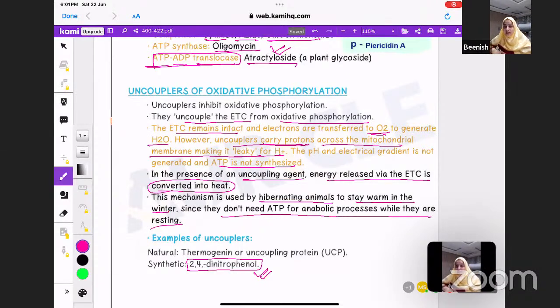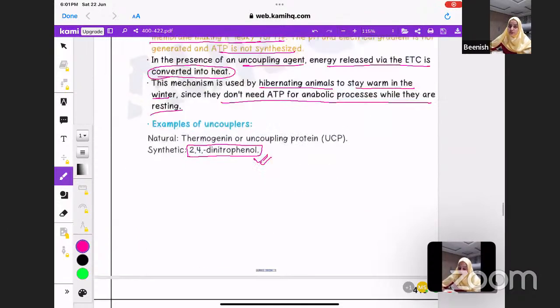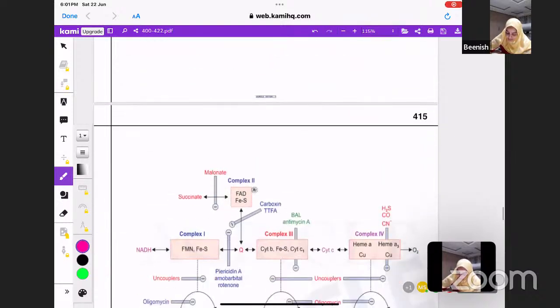Also, infants have brown adipose tissue, which has thermogenin. That is based on the same concept: the energy released is not used to generate ATP, rather it is used to generate heat.